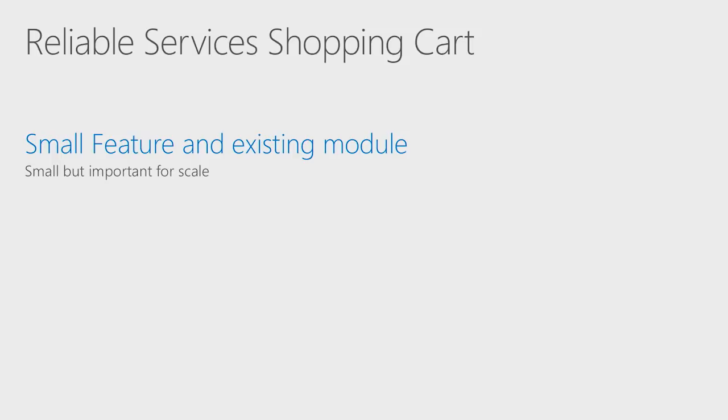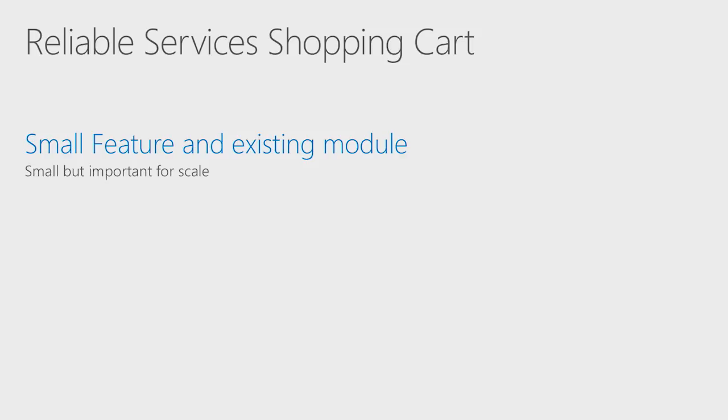So we are going to go into that existing web forms application that we have already seen, and then we are going to extract out the shopping cart. So we're going to go in and extract out existing solutions. The reason we chose the shopping cart in this scenario is because it's a small feature. It's a fairly existing module within the solution, but it's also incredibly important to scale and important to the business.